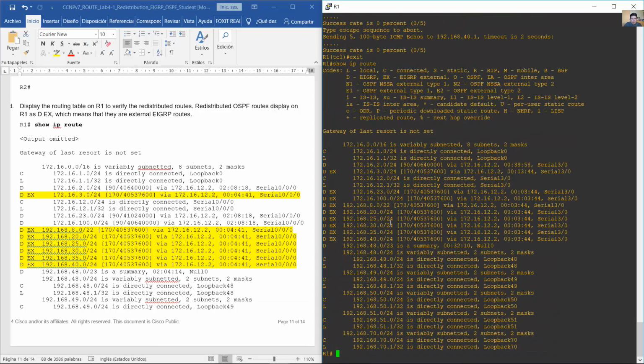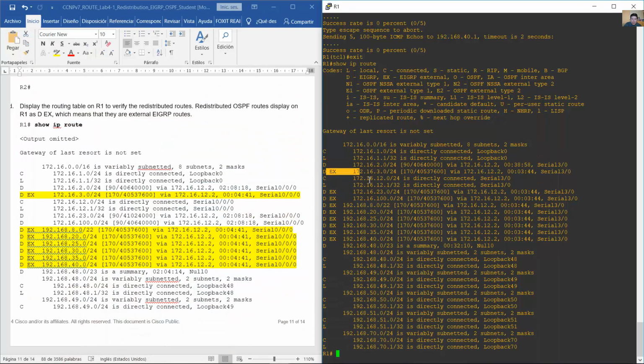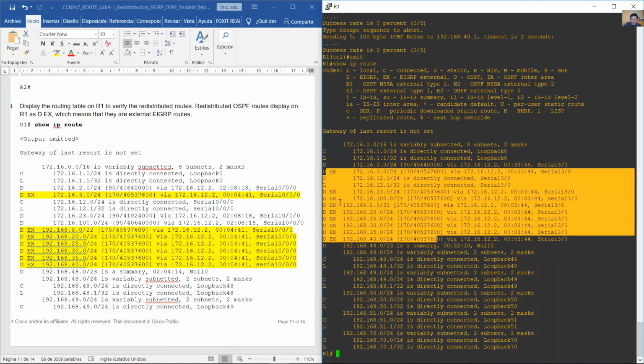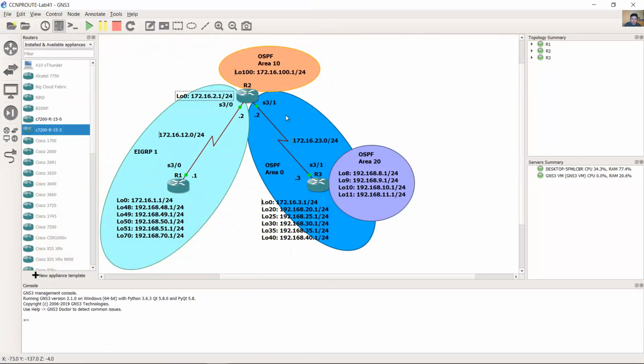And you can see all: a directly connected network, loopback 0, EIGRP network 2.0 that is placed on this loopback 0 in the same autonomous system EIGRP 1, and all these external EIGRP routes. D EX 3.0 is this loopback 0 on R3.